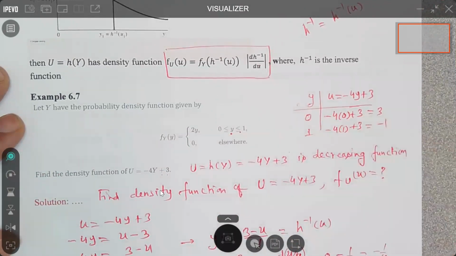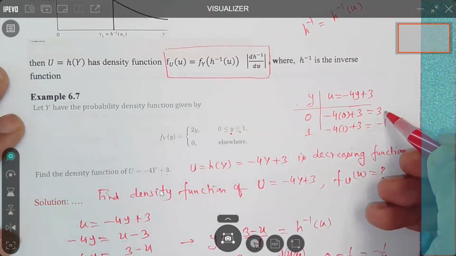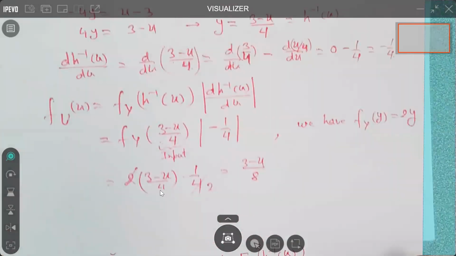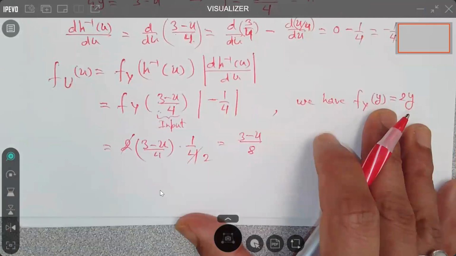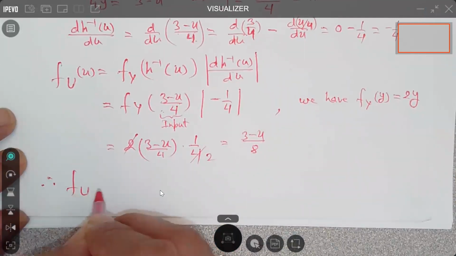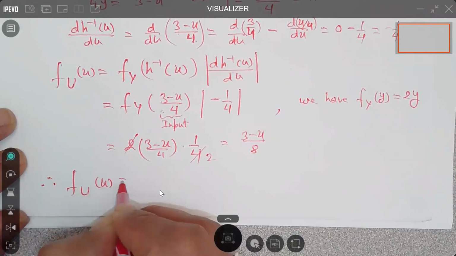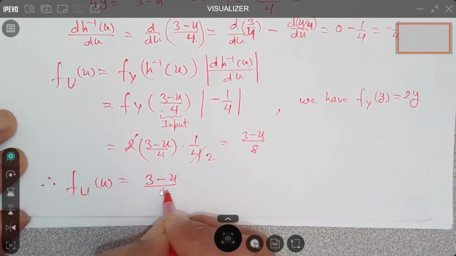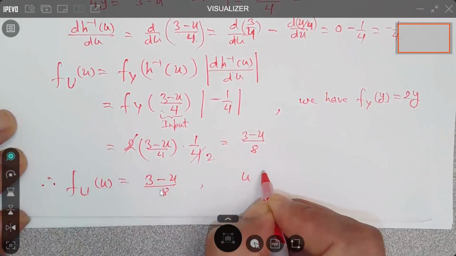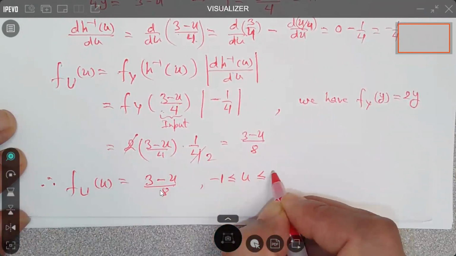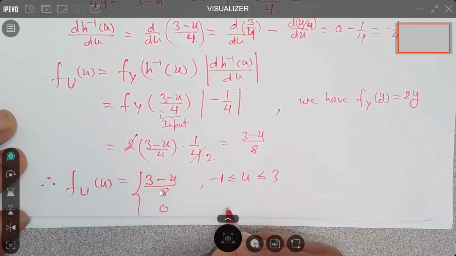So it goes from negative 1 to 3. Therefore, f_U(u) equals (3 minus u) over 8, where u lies between negative 1 and 3, and 0 elsewhere.